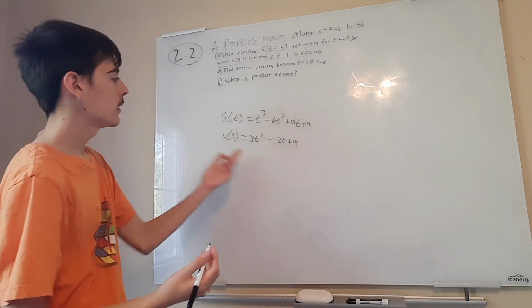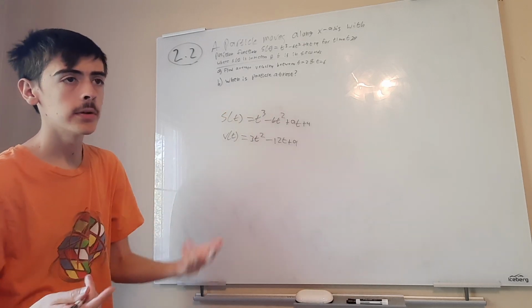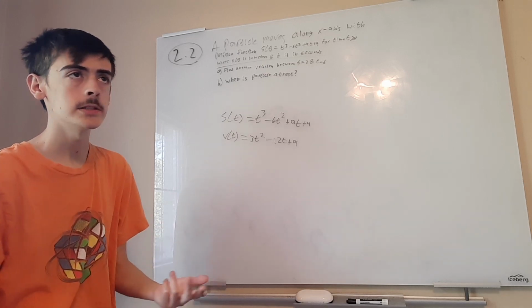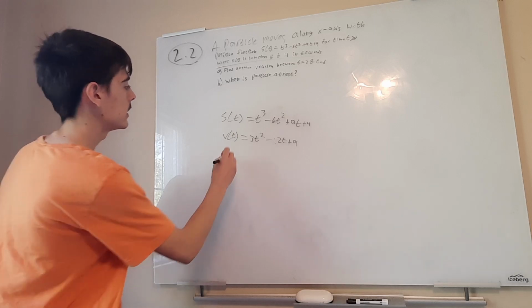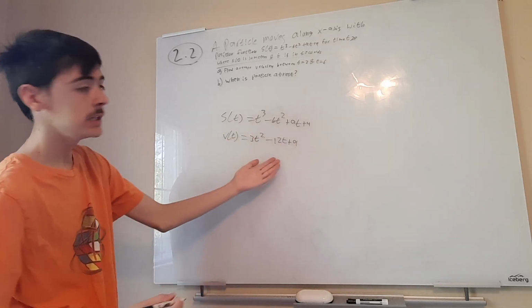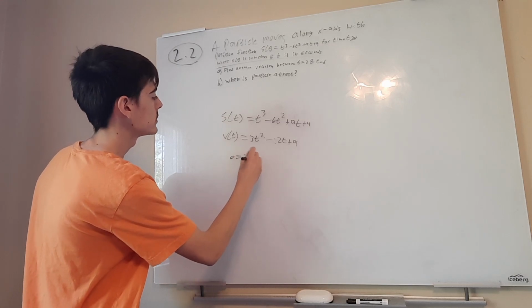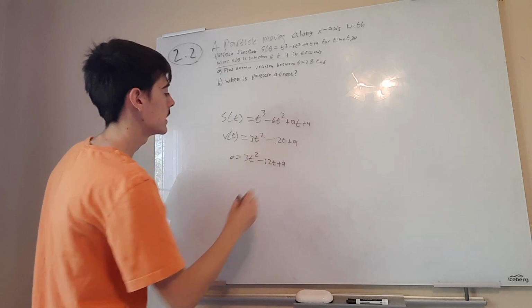And so now we have our velocity function, and it says, when is the particle at rest? We said before that that means there's no change of position, so the velocity is going to equal 0. So we're going to let v of t be equal to 0. So 0 equals 3t squared minus 12t plus 9.